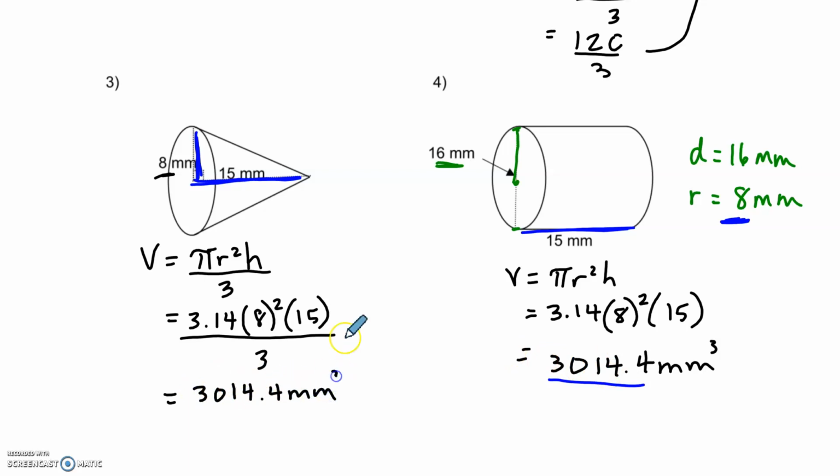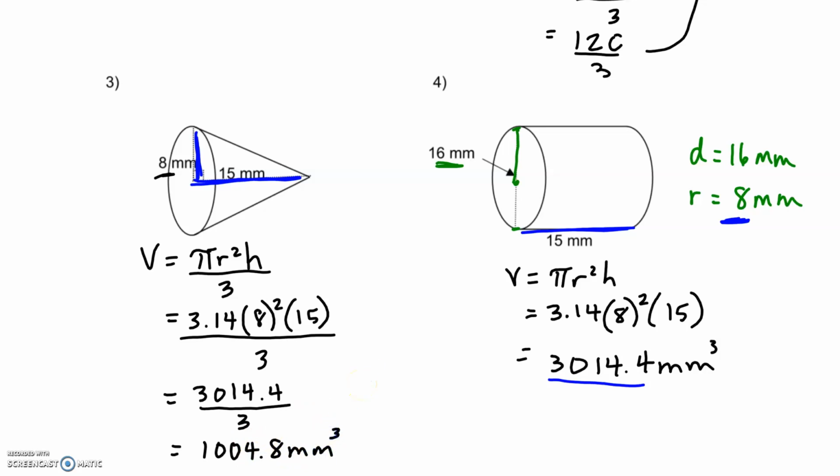Now I don't want to put the units in yet, because we have to remember that's not our final answer. For the cone, we have to take that cylinder volume and divide it by 3. All right, so now I'll go to my calculator and we'll do 3014.4 divided by 3, and I get 1,004.8 millimeters cubed.